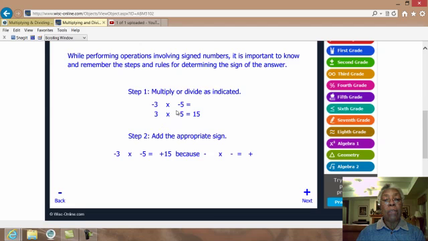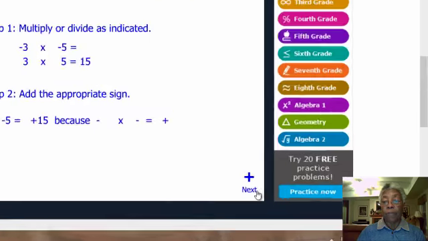Remember, a negative times a negative is a positive. Step 2. Add the appropriate sign. Negative 3 times a negative 5 equals a plus 15 because a negative times a negative equals a positive.